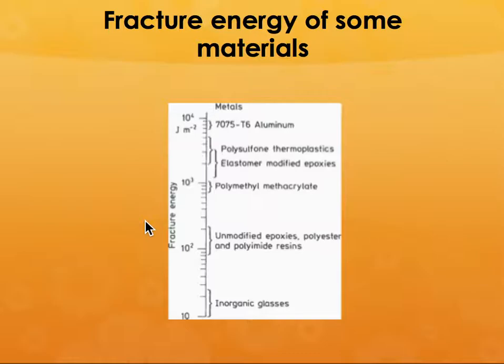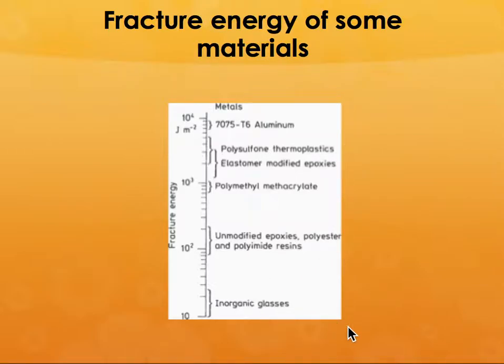Now, the reason why you choose a specific type of matrix is also because of the fracture energy that you want in the composite material or in the matrix material. You can see that aluminum has one of the highest fracture energies that it can absorb before fracture failure.